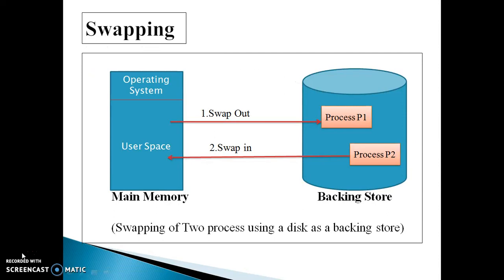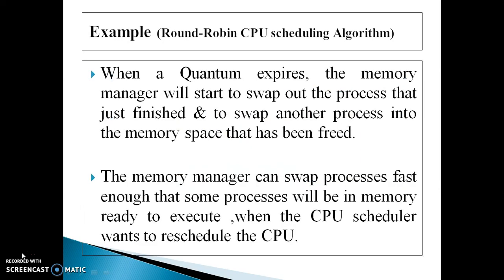This is an example where swapping of two processes using a disk as a backend store. Let's take an example: the round-robin CPU scheduling algorithm.